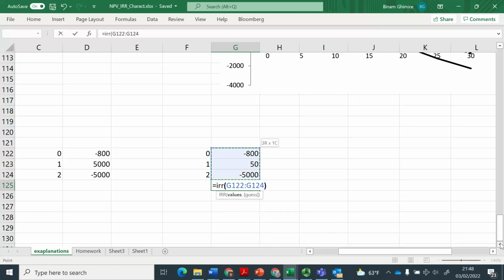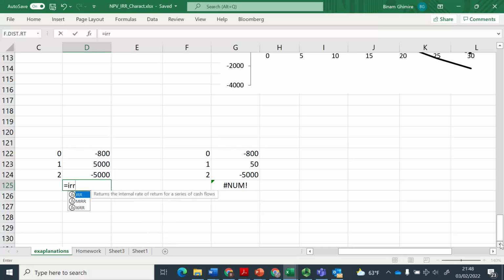Then it's difficult to compute, so you don't get it, okay? Whereas some other times you will see that you can compute IRR, but there can be more than one IRR. So here it is saying 25% is the IRR. What does that mean?